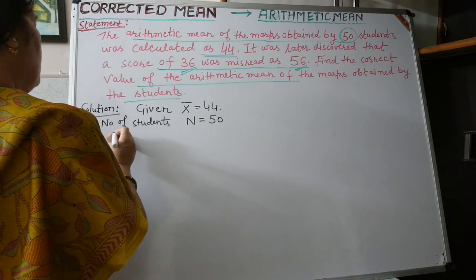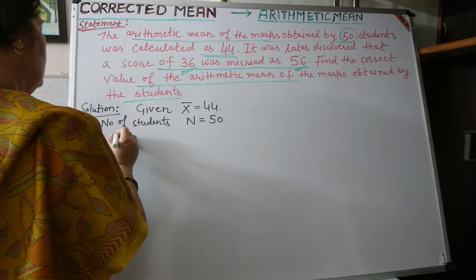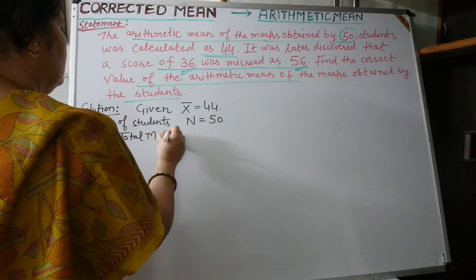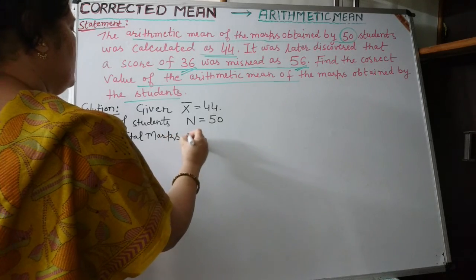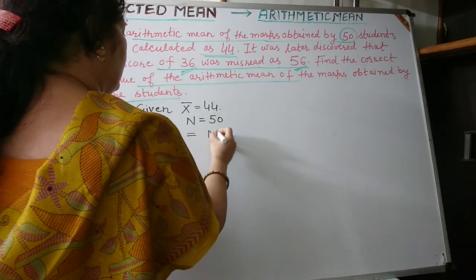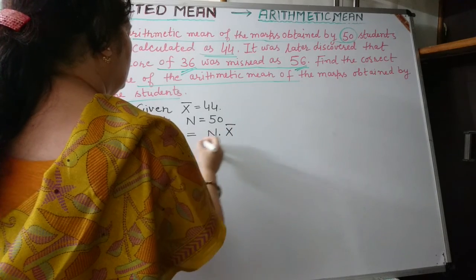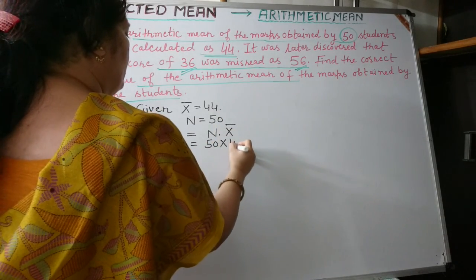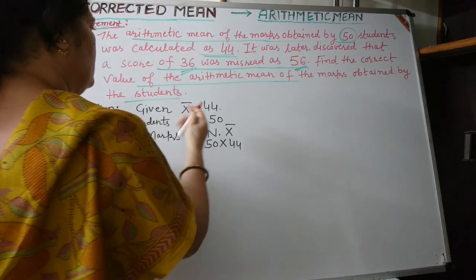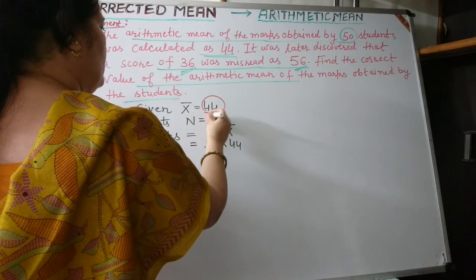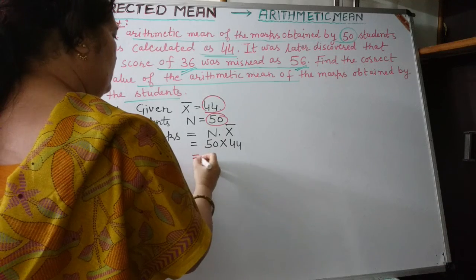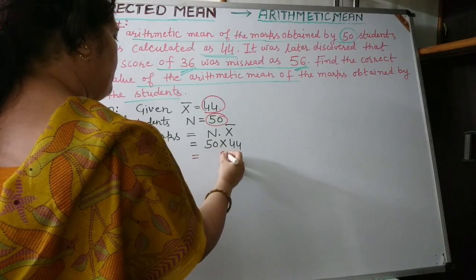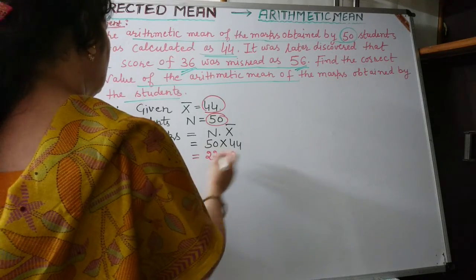So the total marks obtained by students, which is equivalent to n multiplied by x bar, is equal to 50 multiplied by 44, because the value of x bar is 44 and the value of n is 50, and this is 2200.